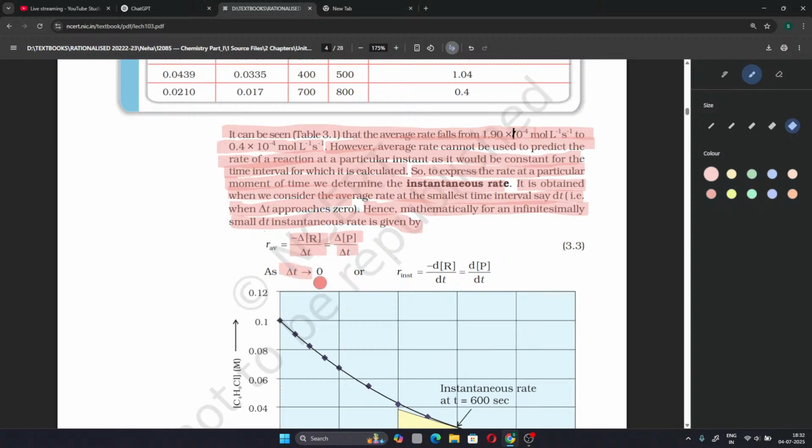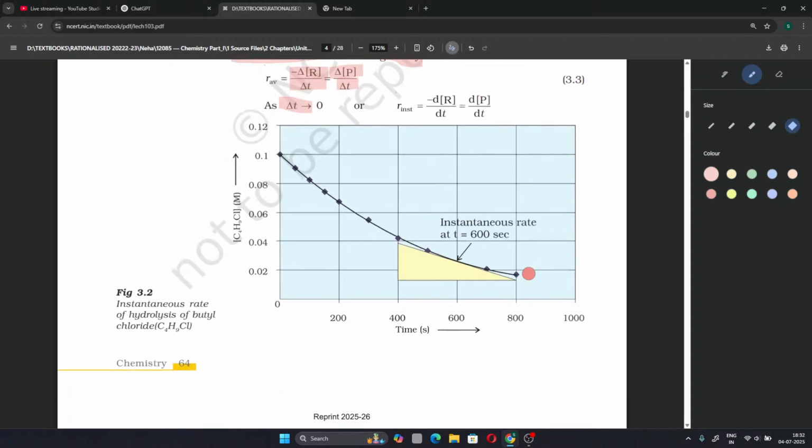When t is reaching 0, it will be minus dR by dt and dP by dt. Instantaneous rate of hydrolysis of butyl chloride: as the time increases, the concentration of butyl chloride decreases, for example, the instantaneous rate at t equals 600 second.